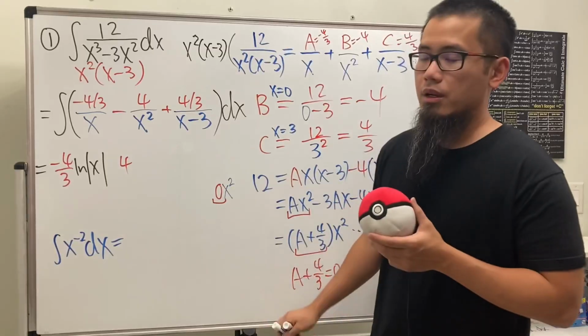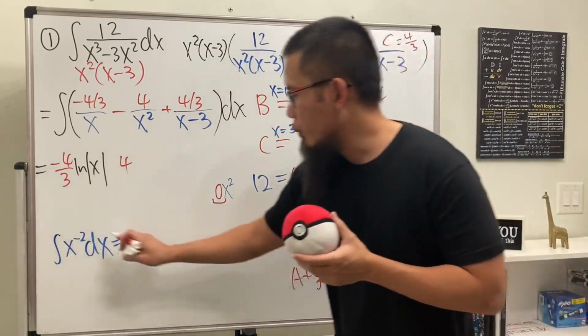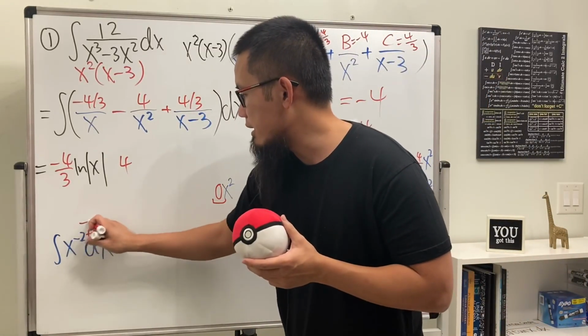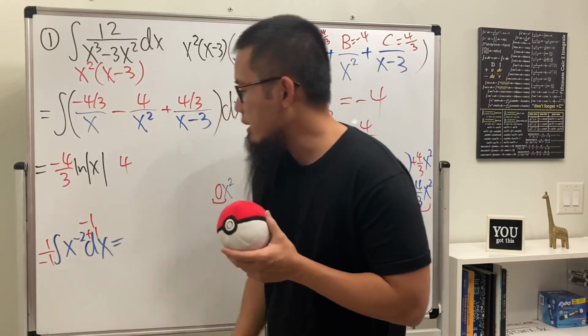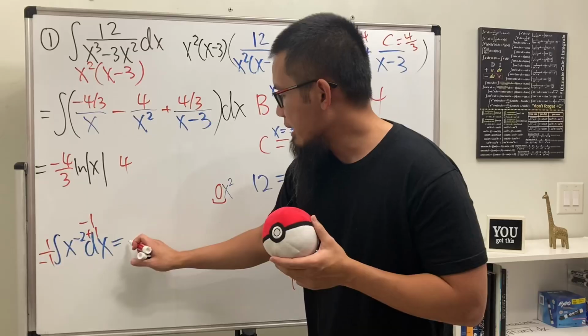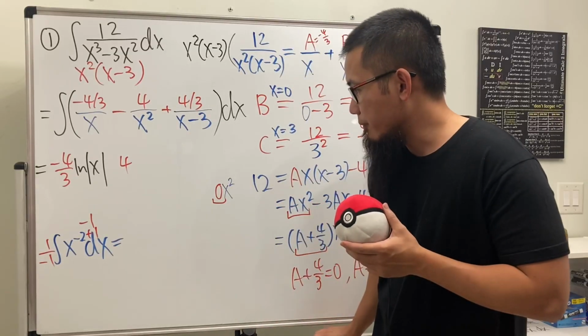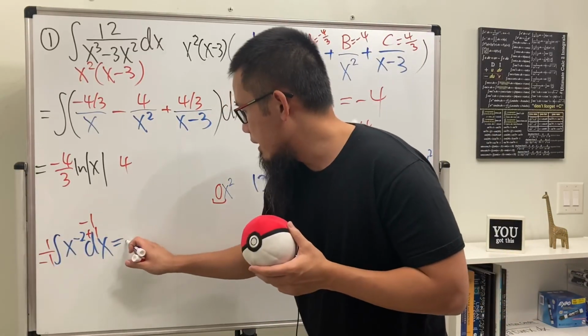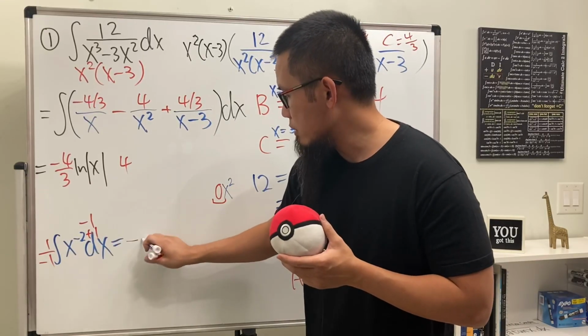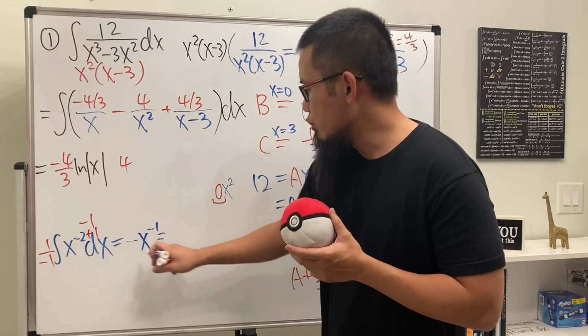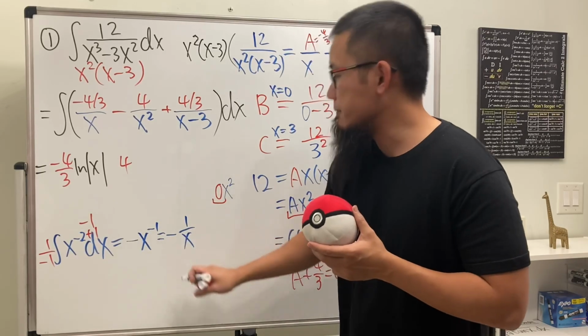This right here, we do the reverse power rule. We add 1 to the power, which is going to be negative 1, and divide it by this power, so we will have 1 over negative 1, and this is going to give us negative x to the negative 1 power. So let me just write that down, and that's going to be negative 1 over x.